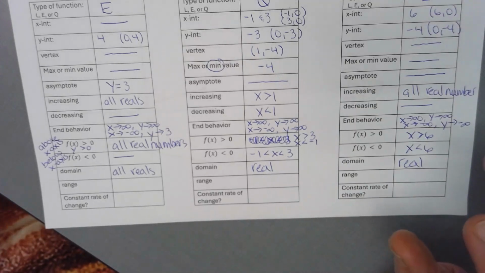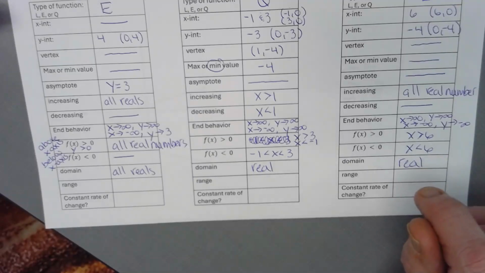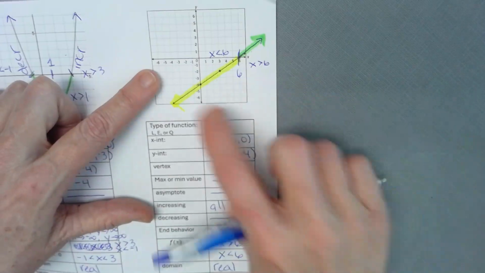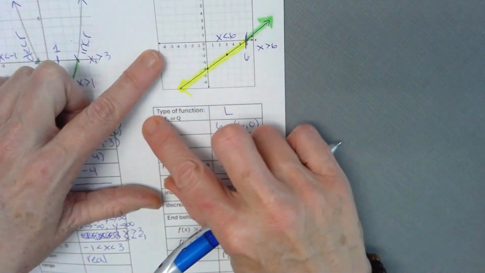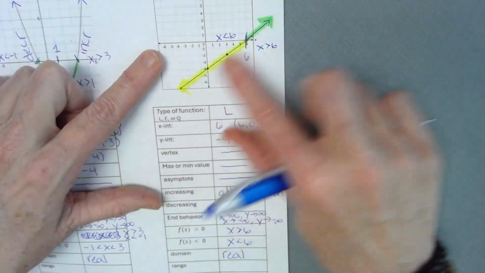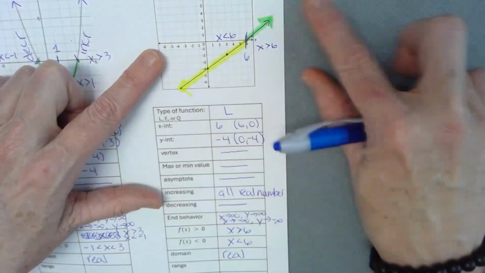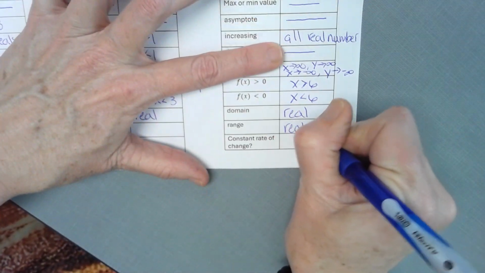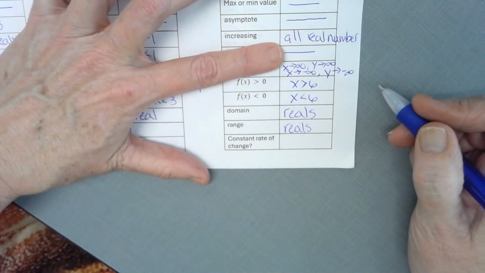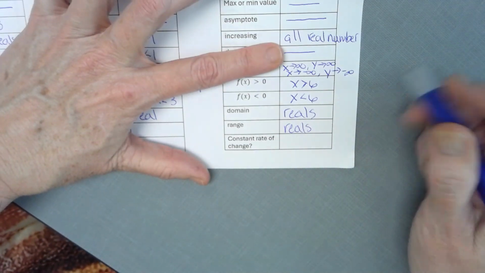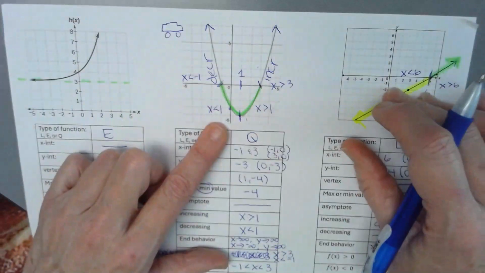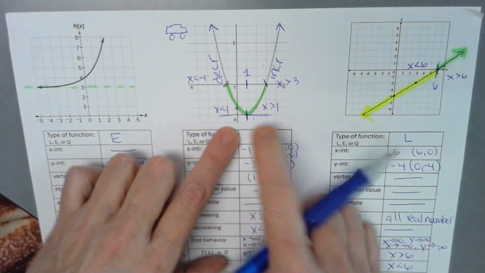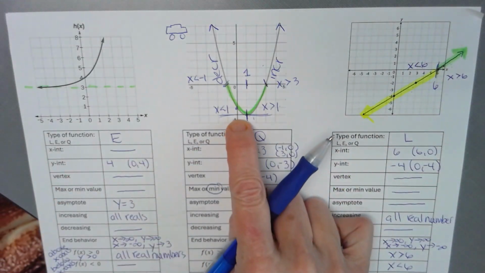Okay, now the range gets weird. First of all, for this one, the range is all real numbers. Why? Because it's going to go up forever, it's going to go down forever. All the y values would be included on this line. So the range here is still all real numbers. Now the range here is not. Notice range is your y values. Y'all, there is no curve under -4.